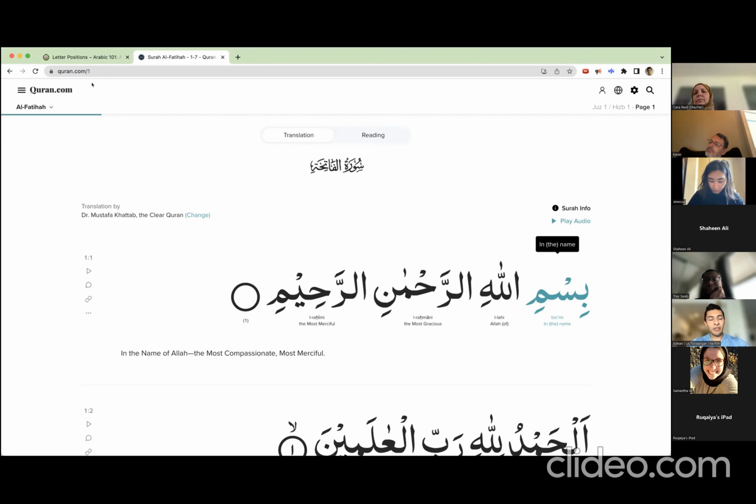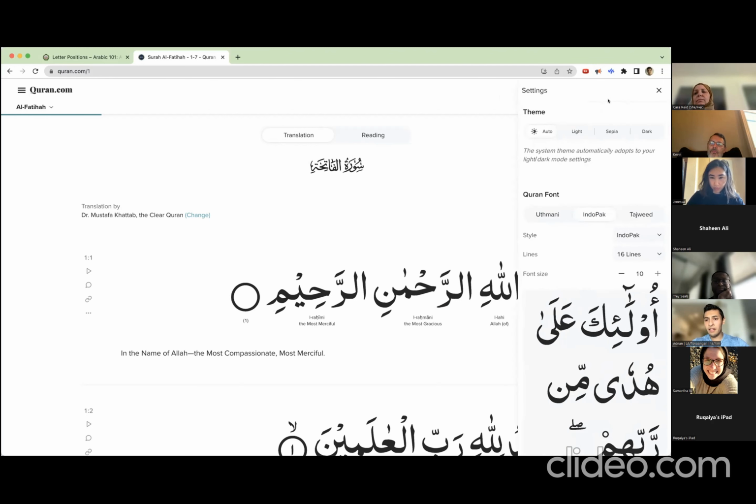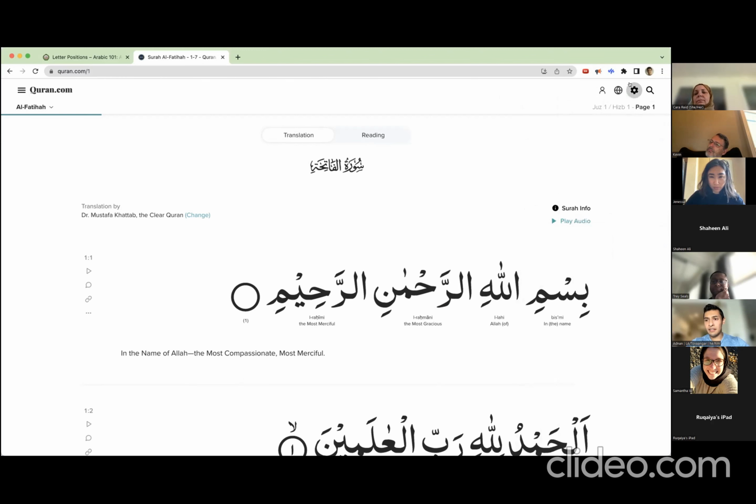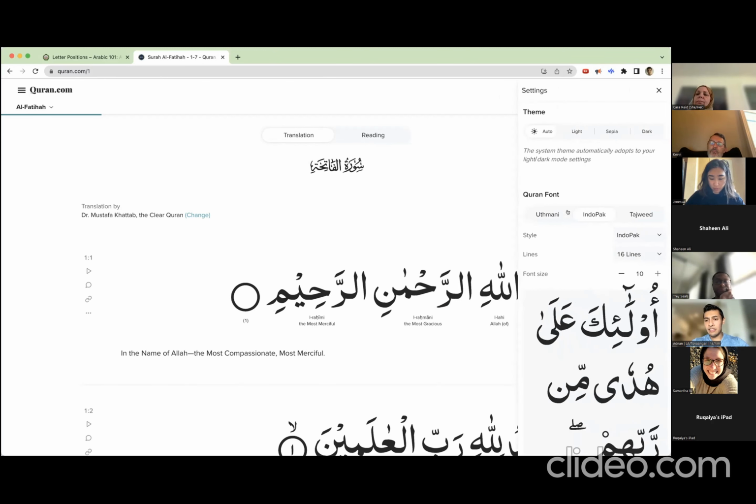Now, the nice thing about Quran.com is that we have multiple settings. So the first, if you go to the setting tab up here, you'll see different Quran fonts. One is called Uthmani and one is Indo-Pak. Now, there are two major Quran conventions or writing conventions that are out there.